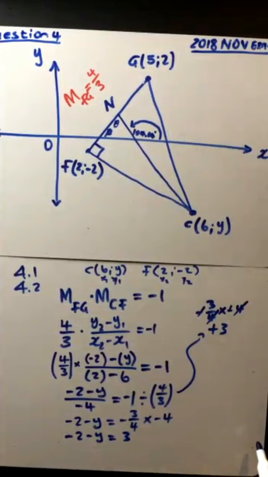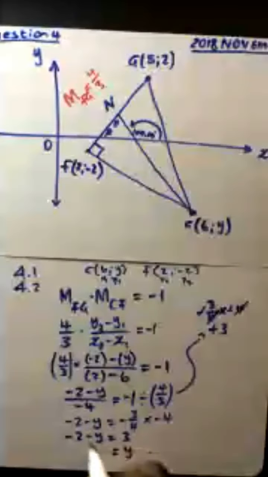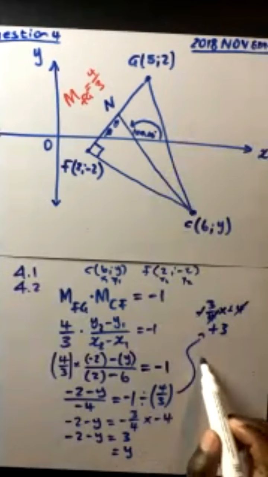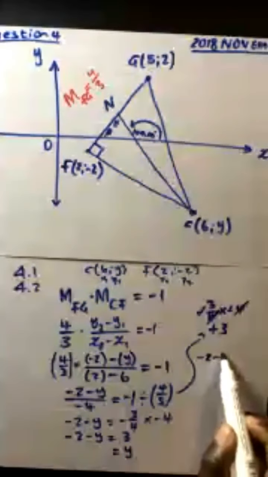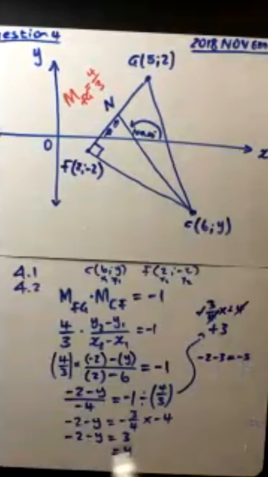You can move that y to the other side, it changes sign, it becomes positive y. Then if you move that to the other side, it becomes negative 3. So you've got negative 2 minus 3, which is equal to minus 5. Therefore, y is equal to minus 5.